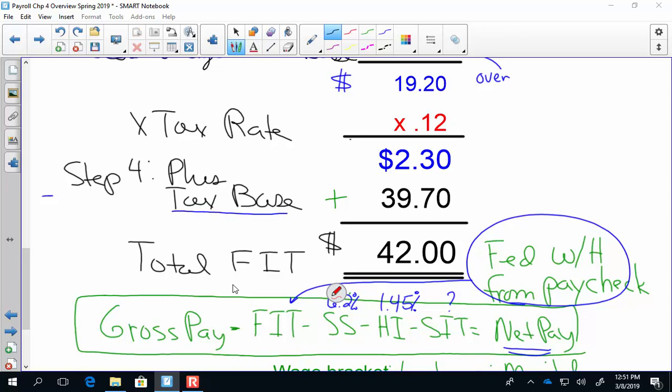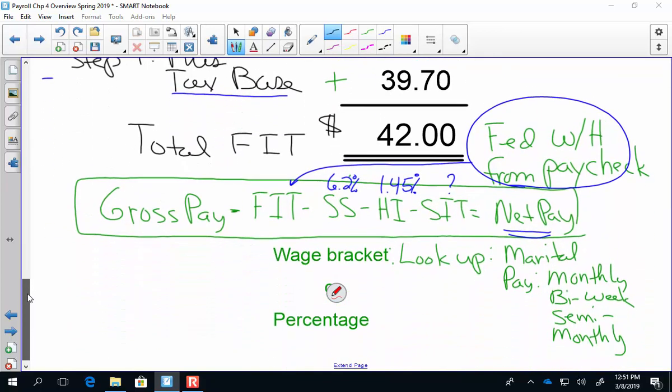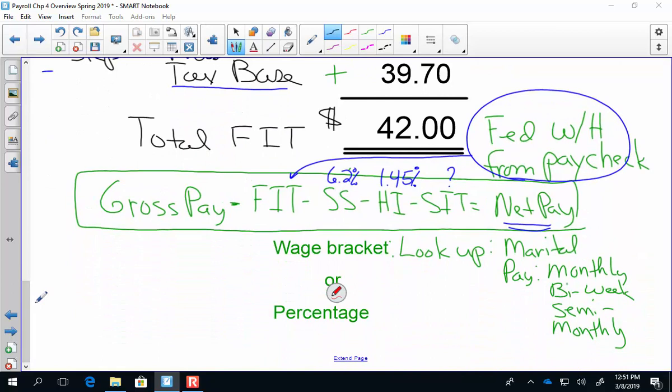The tables only go up to 10, and some employees may claim 11 or 12, which is very unusual, but at that point, you'd have to use the percentage method in order to compute their federal withholding. Obviously, your software programs, QuickBooks, Sage, they'll do the percentage method automatically. But we still need to make sure that they're computing right, so we do need to know how they did it, basically.